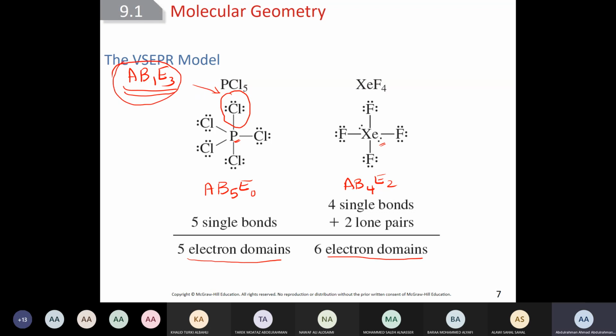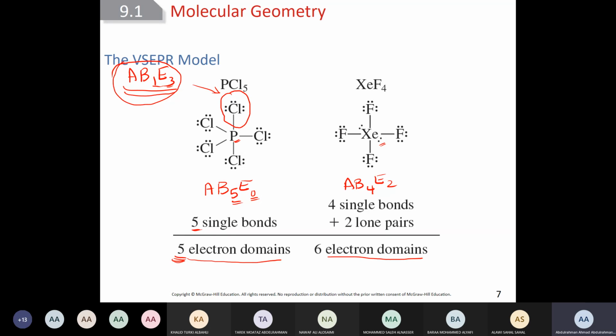If I tell you what's the total electron domain, you should give me the total number of B plus E. So look here, what's the total B plus E? 5, and that's why we have 5 electron domains around the A. How about XeF4?